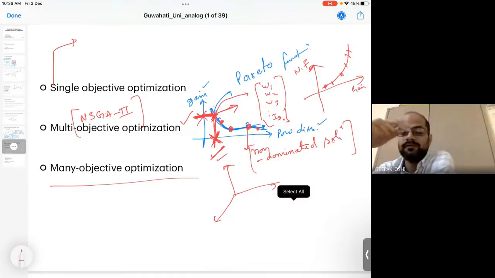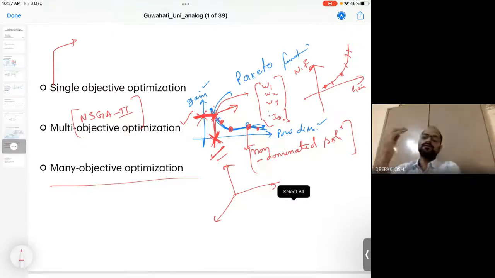We converge it once and get some result. Now it has to be tested what the standard deviation is. If we iterate it 1,000 times or 100 times, how much deviation do we get from a particular standard result? That standard deviation should be very minimum.